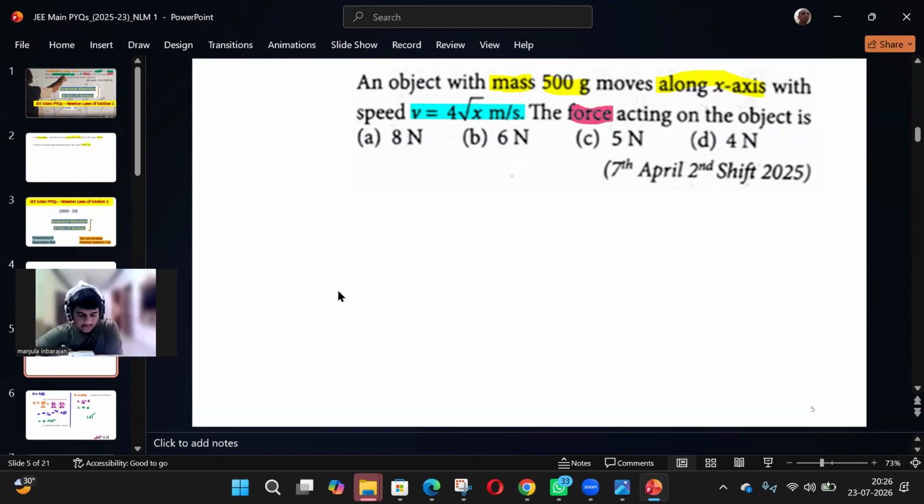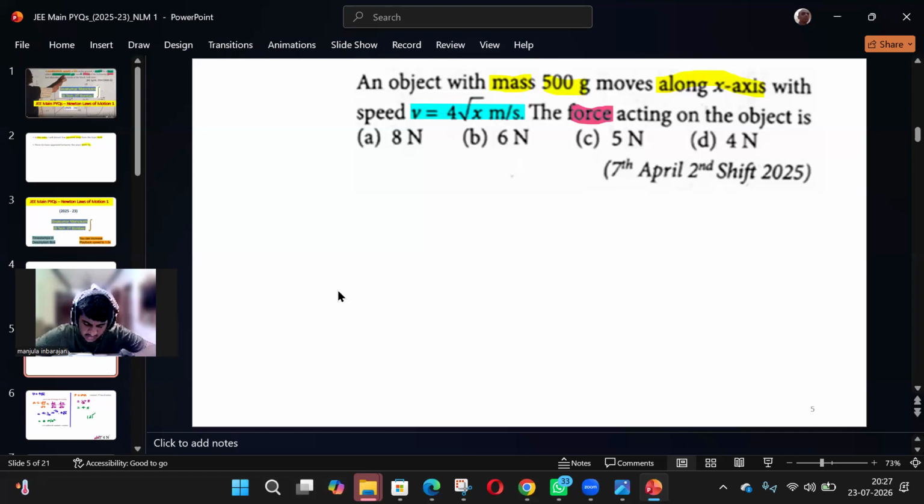I'm about to find v equal to u plus at. Why do you have to? v equal to u plus at is valid only when the acceleration is constant. Where is it given that the acceleration is constant? Where is constant mentioned?